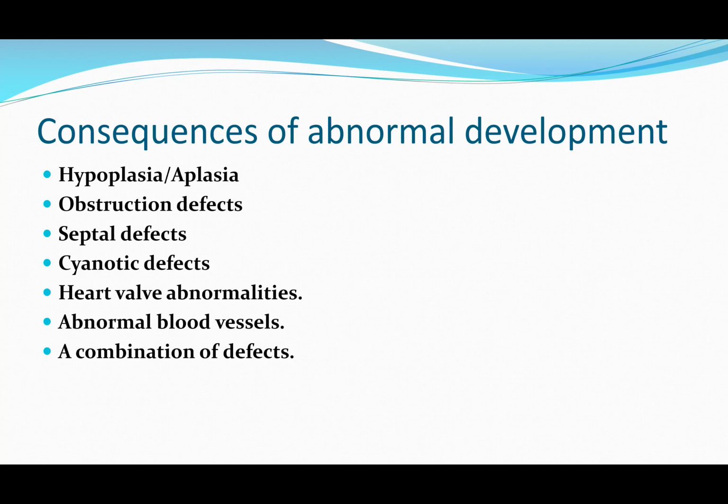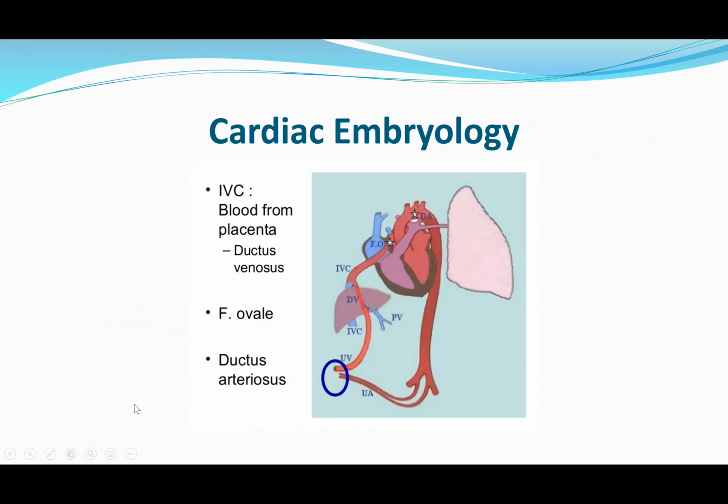And this is the umbilical arteries going to the umbilicus connected to the mother. And then there's an umbilical vein which turns into the ductus venosus in the liver, and then to join the IVC to go into the right atrium.